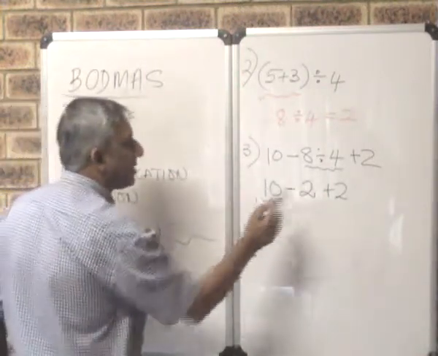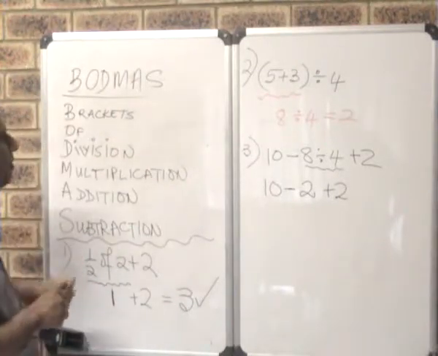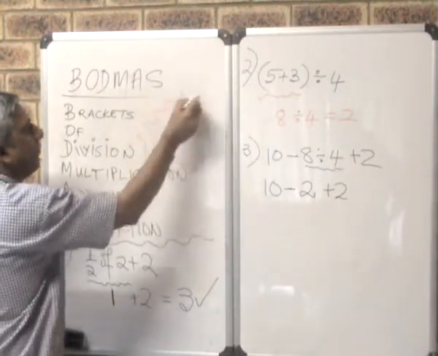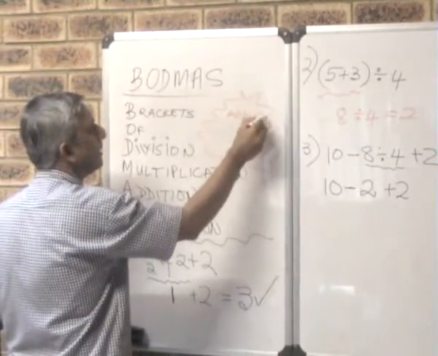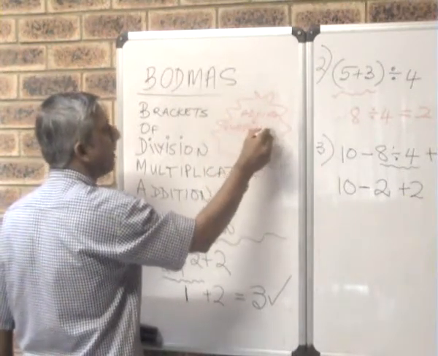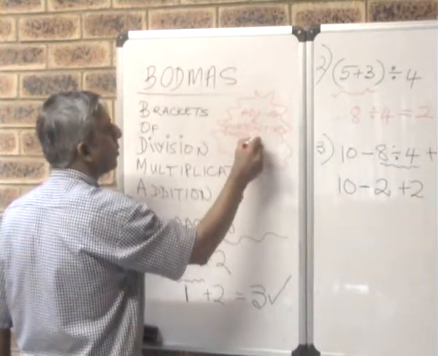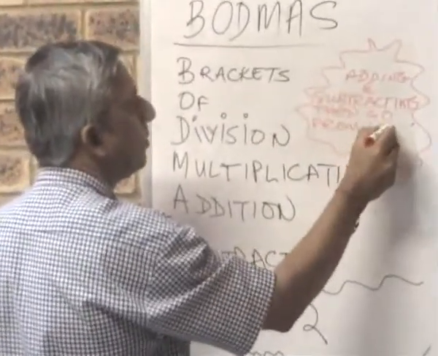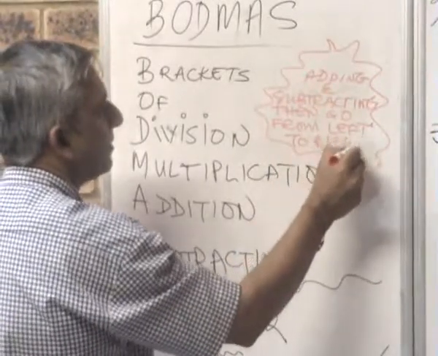Now when you are adding like this, there's also a very important addition to the rule of BODMAS, and it can be very, very helpful. And that addition is that if you're adding and subtracting, then go from left to right.